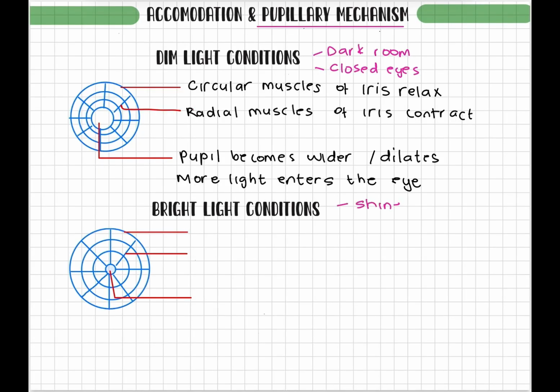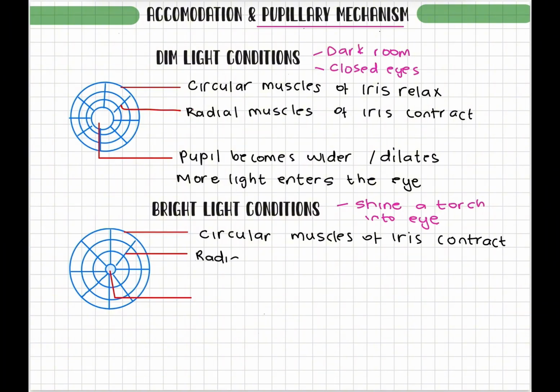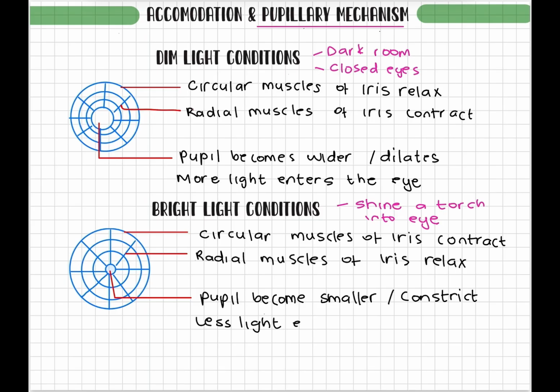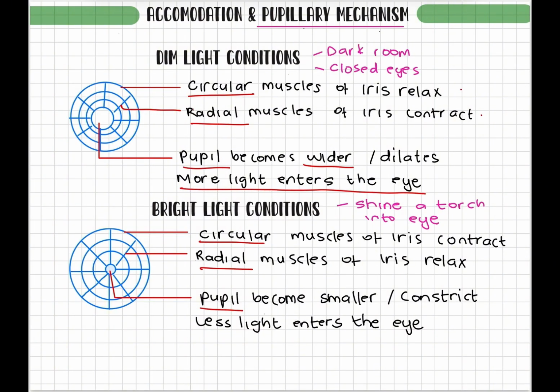Now in bright light conditions, maybe you shine a torch into the eye. You mention as well that the circular muscles of the iris contract, the radial muscles of the iris relax, the pupil becomes smaller or it constricts, and less light enters the eye. It is important to mention all of these parts that are underlined.